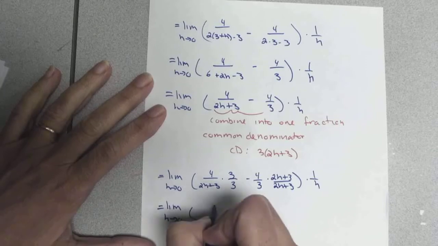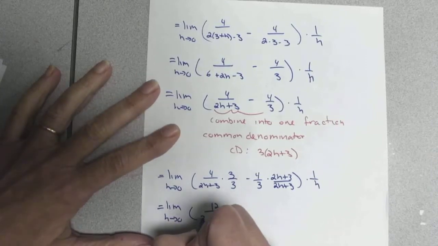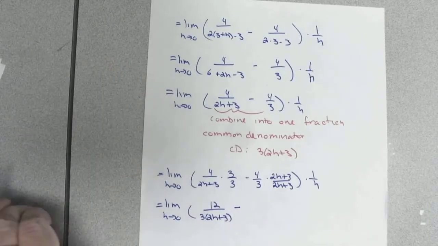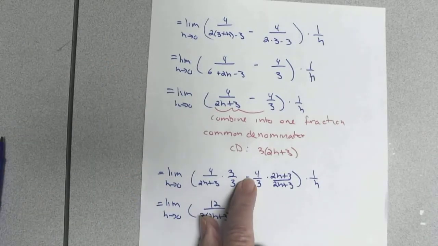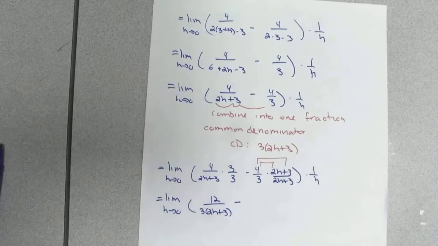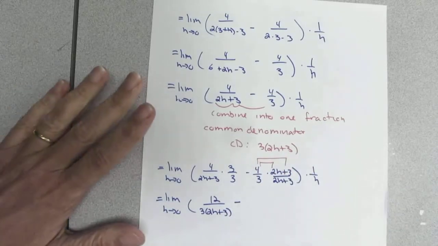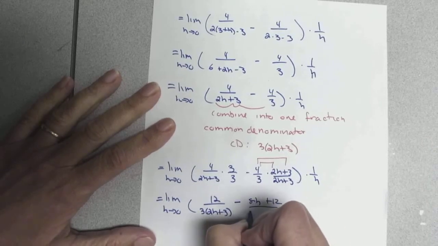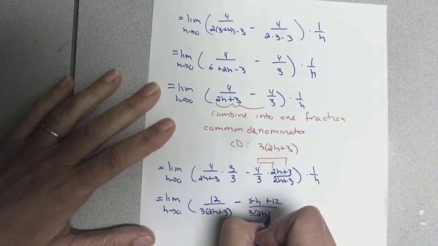Keep simplifying. And I am showing almost every single detail I could. I'll leave that minus sign for later, so I'm just taking that 4 and distributing it for 8h plus 12 over 3 times 2h plus 3.